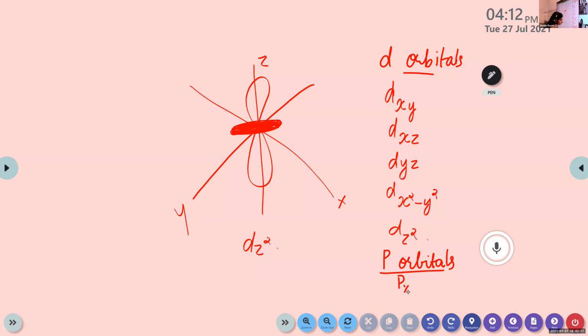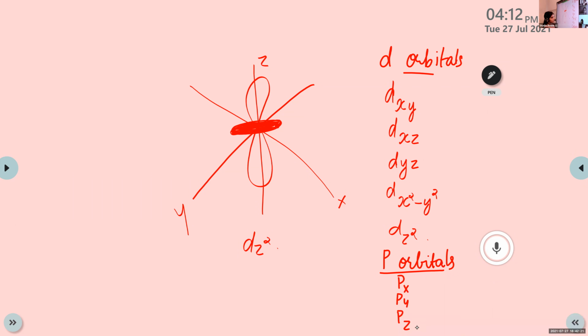Px, py, pz. Okay, px, py, pz. Then in the case of s orbital, only one orbital, that is in spherical shape.